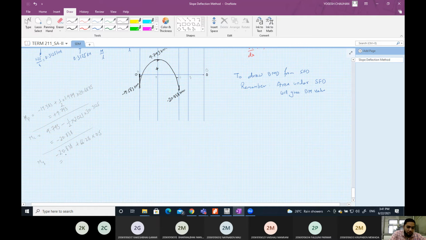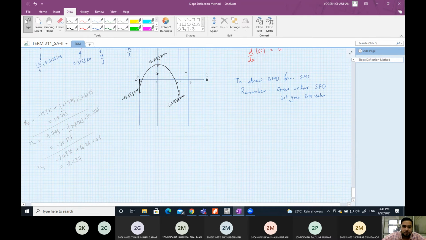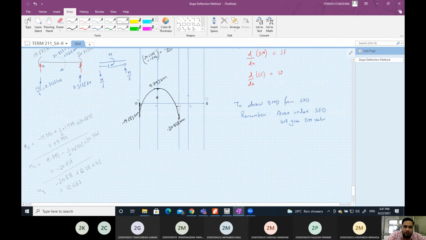So at this point it would be plus 66.25 into 0.5, so that will be 12.287. So bending moment here will be 12.287. At this point the bending moment is positive value 12.287.